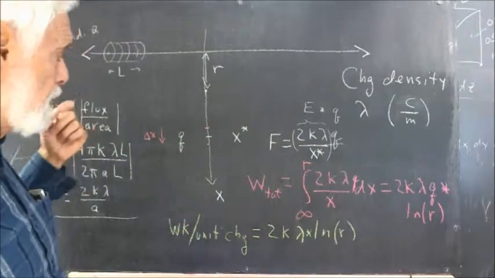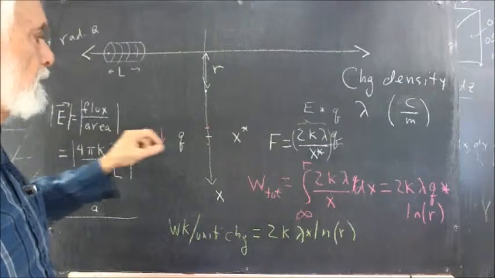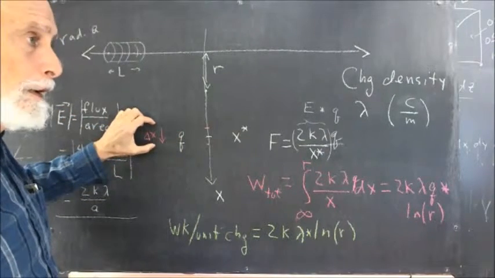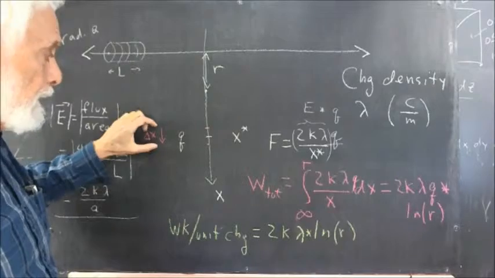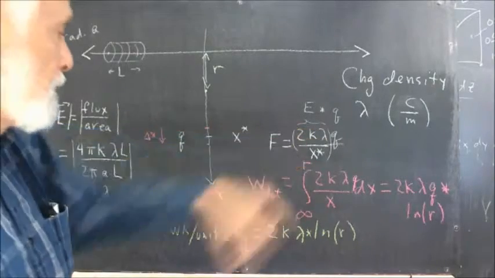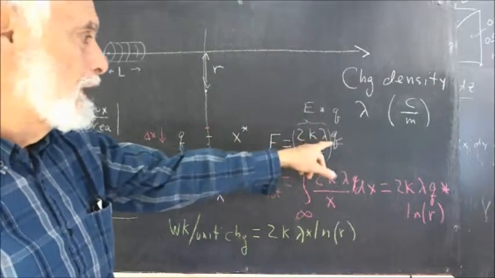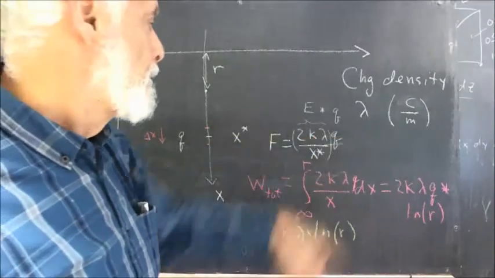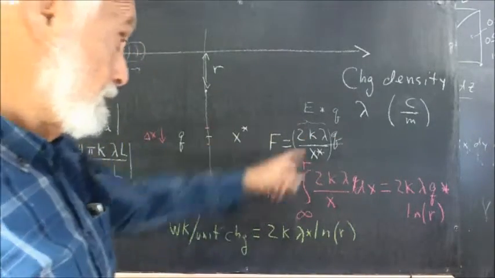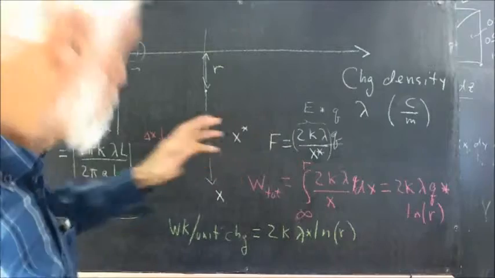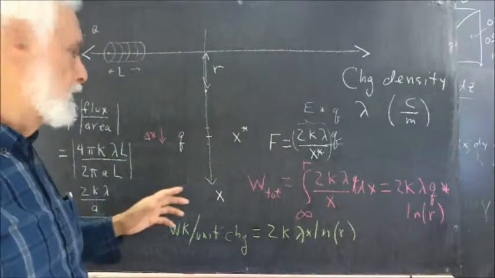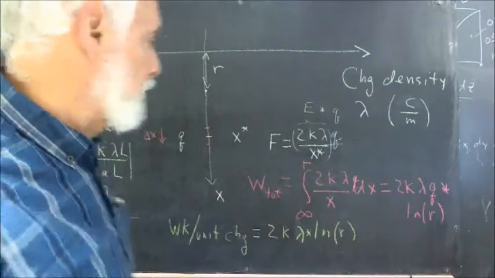So we want to calculate the expression for the work done on this increment delta x. Well, that's going to be the force times delta x. It's going to be 2 pi k lambda over x star multiplied by q. And the contribution to the work is going to be that times delta x.